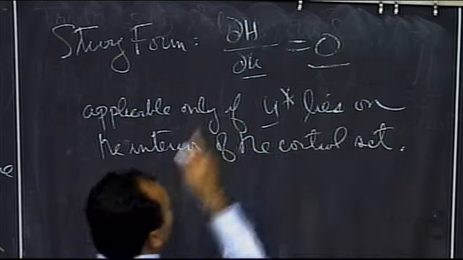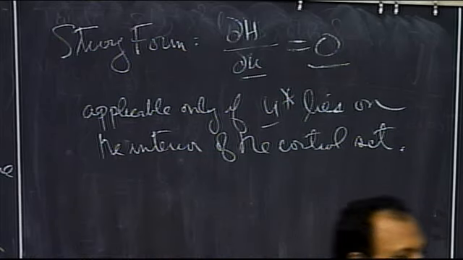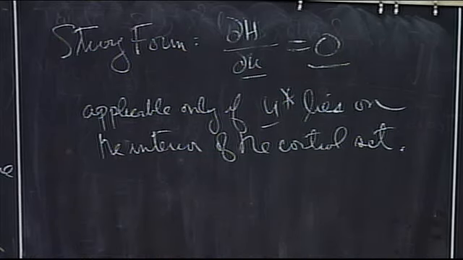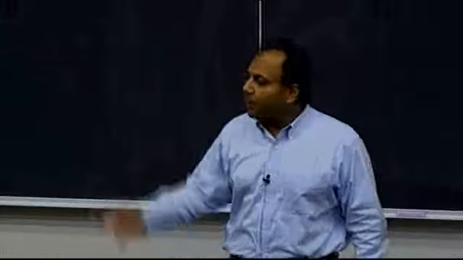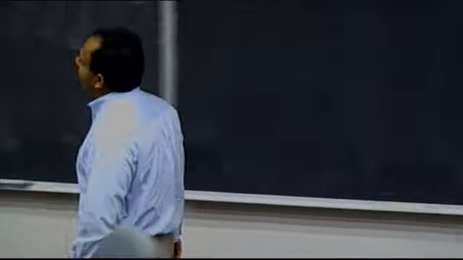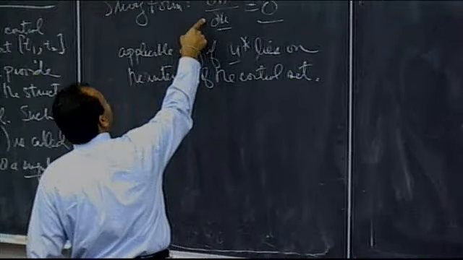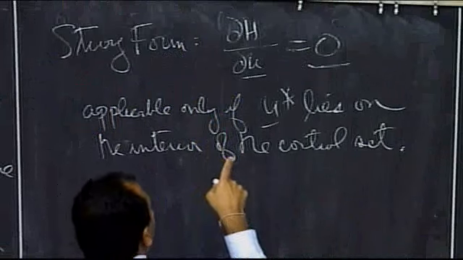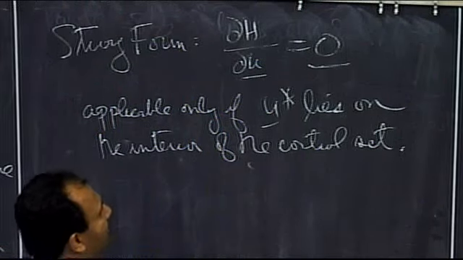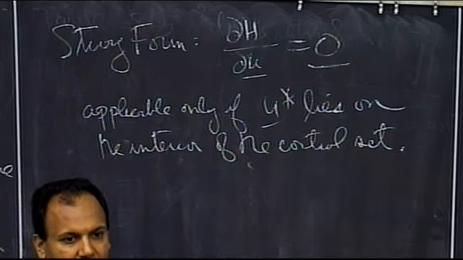But there's a problem here. We may actually have a situation where the optimal control actually does lie interior to the control set, and we cannot apply this, right? So this is saying that if this condition is applicable, then the control must lie interior to the control set.